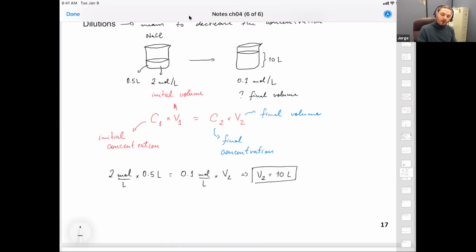So you are always going to start with a more concentrated solution and dilute to a less concentrated solution. Pay attention to the units. All the units on the left side must be the same as the units on the right side of the equation.